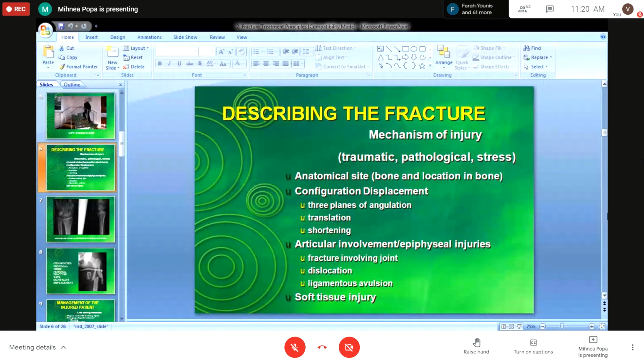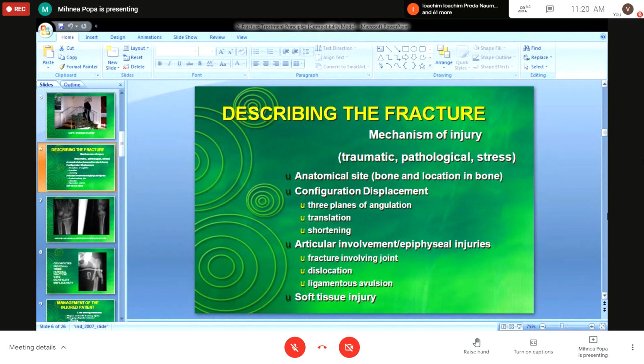After we describe, we see the patient, we make an X-ray, we see the fracture site and everything. We have to understand the configuration of displacement and, of course, the articular involvement of these fractures. So always understand exactly the anatomical site, see exactly where the fracture is.